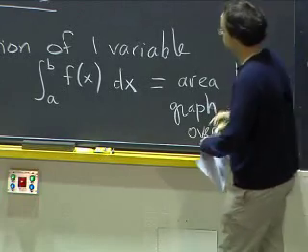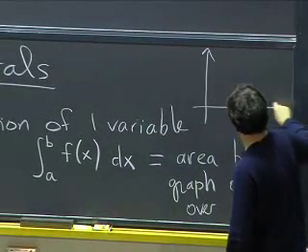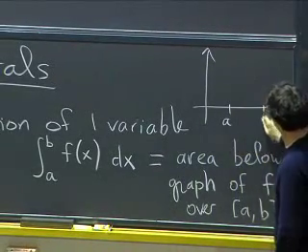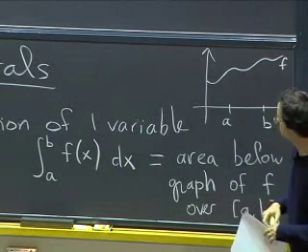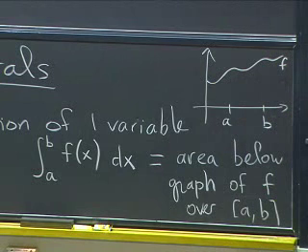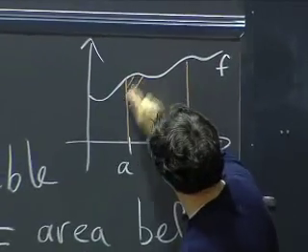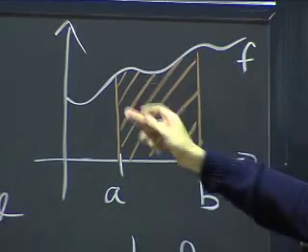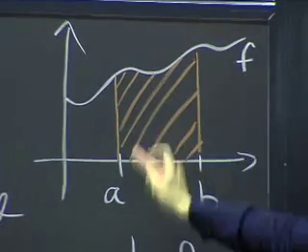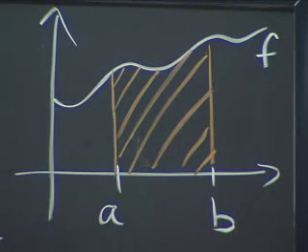So the picture is something like: you have a, you have b, you have the graph of f, and what the integral measures is the area of this region. Of course, if f is positive, that's what happens. If f is negative, then we count negatively the area below the x-axis.